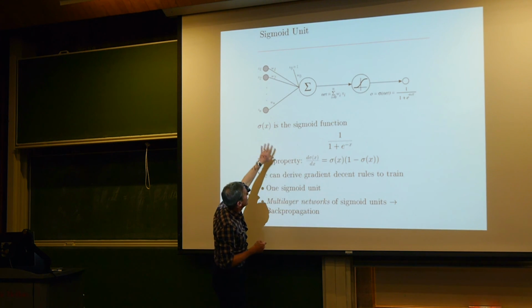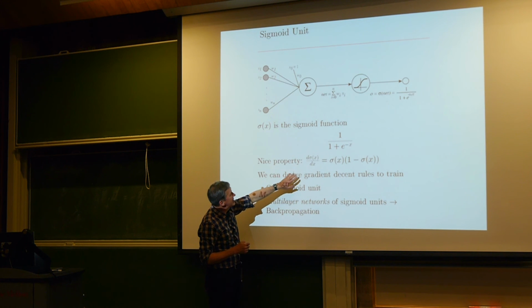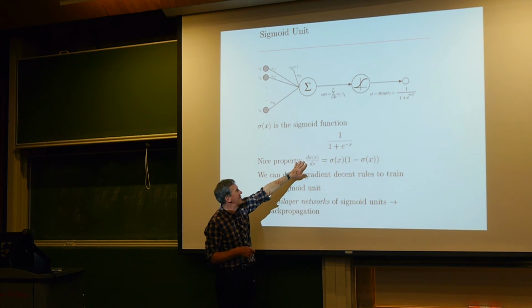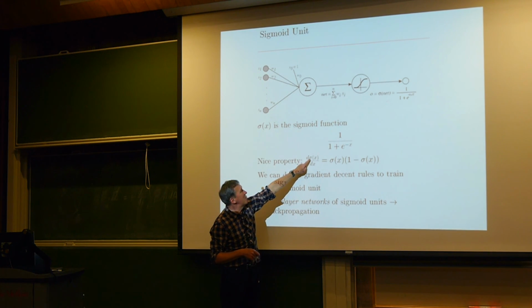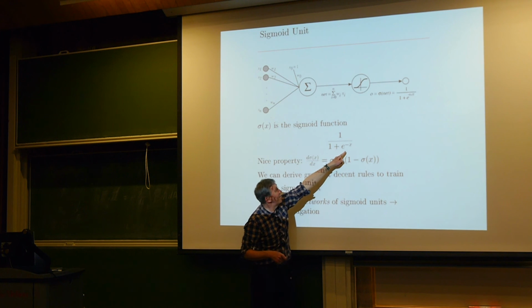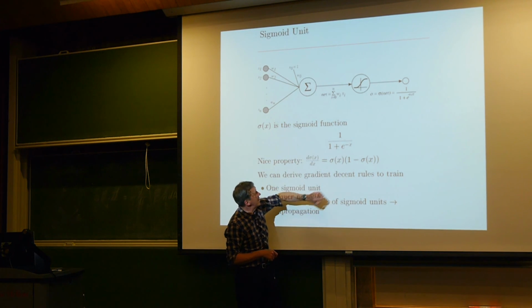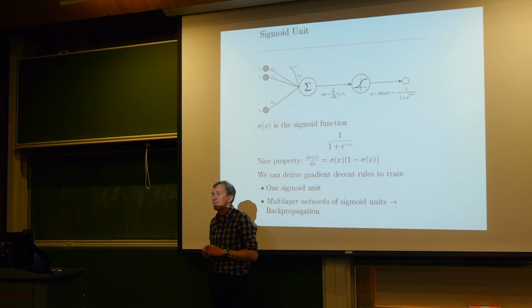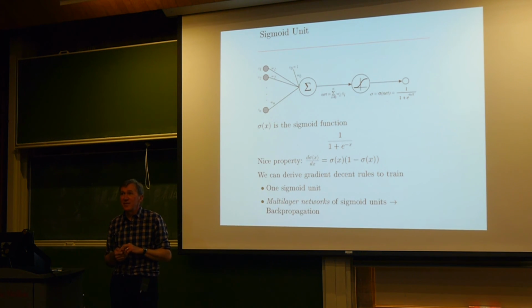One of the nice things about these sigmoid units is that the derivative of the sigmoid function is very easy to compute. If we take the sigmoid function of x, its derivative is just its output times 1 minus its output. So it's very easy to get the derivative of the sigmoid unit.